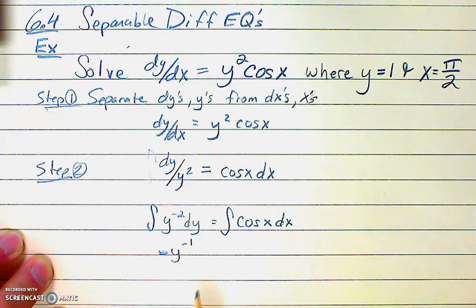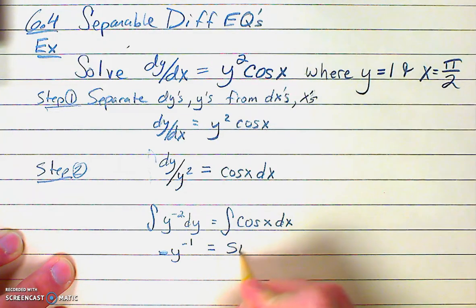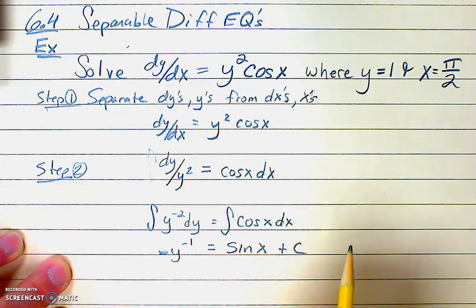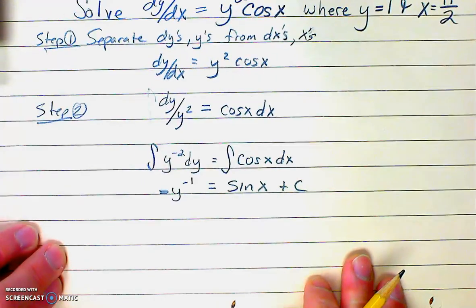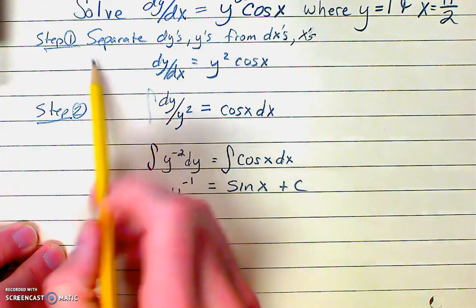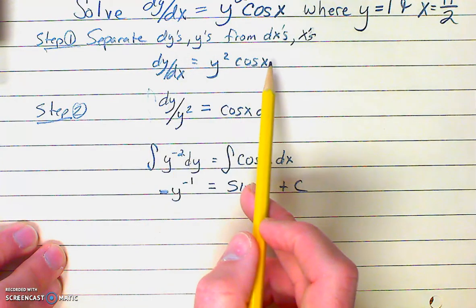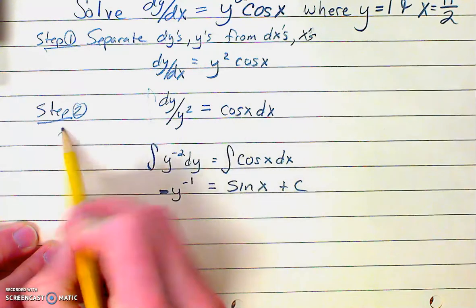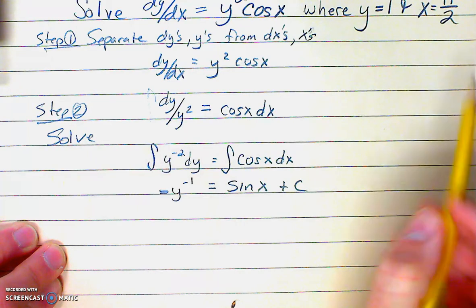So we have negative y to the negative first equals sine x plus c. So again, step 1, you separate your y's and dy's from your x's and dx's, which we did here. And now step 2, we just solve, similar to what we did in a previous section.